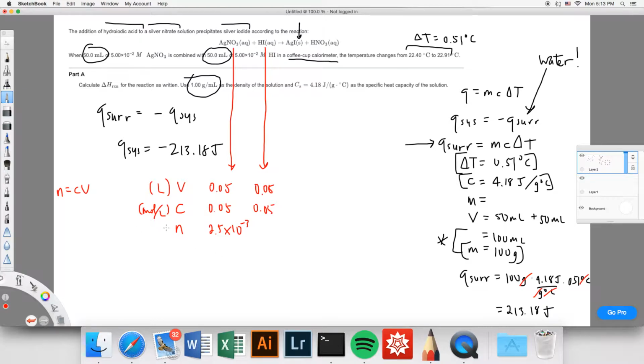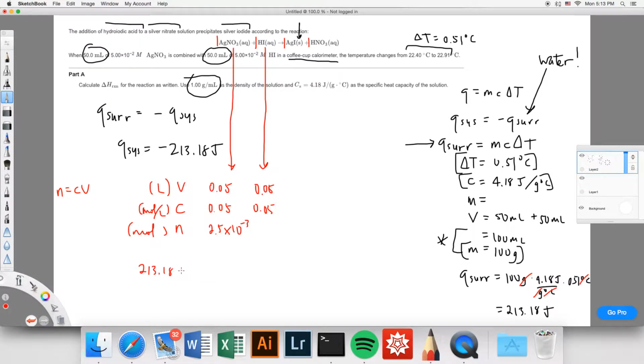That's how many moles of reaction we have going on. By the way, this is very convenient because it's a 1 to 1 to 1 to 1 ratio, right? So if I've got 2.5 times 10 to the negative 3 moles of silver nitrate, then I've got 2.5 times 10 to the negative 3 moles of reaction.